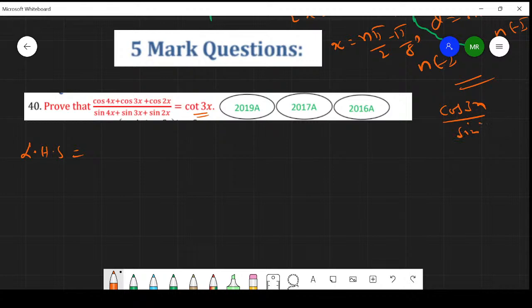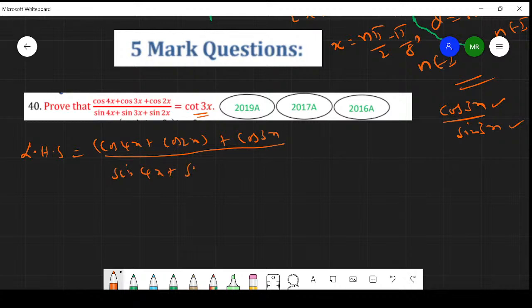That means in the numerator you should get cos 3x common, and in the denominator sin 3x common. So I will rearrange this: cos 4x plus cos 2x plus cos 3x, and in the denominator sin 4x plus sin 2x plus sin 3x.